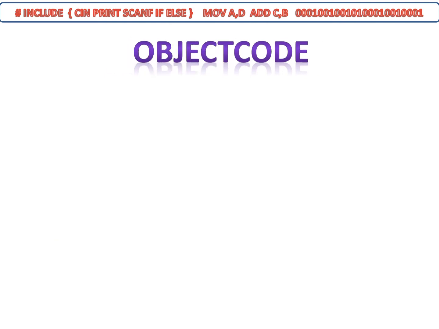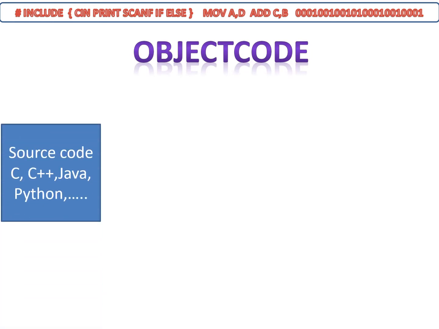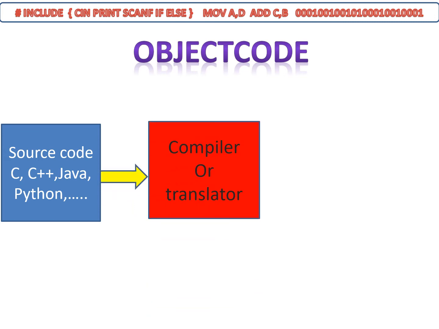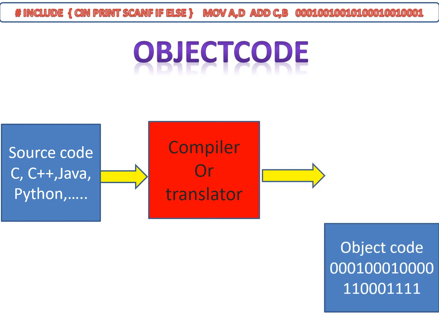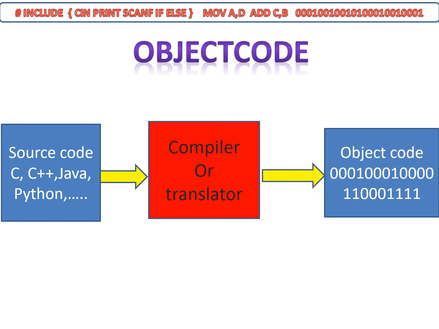Next is object code. Here object code is produced when an interpreter or compiler or a translator translates the source code into an executable machine code. An example can be shown, that is ELF, called Executable and Linking Format.